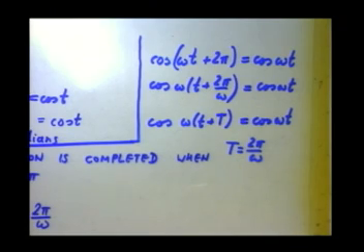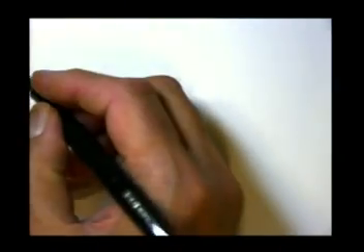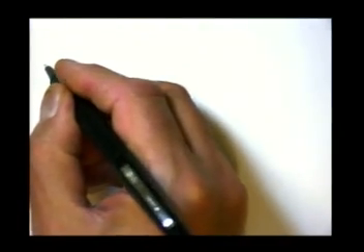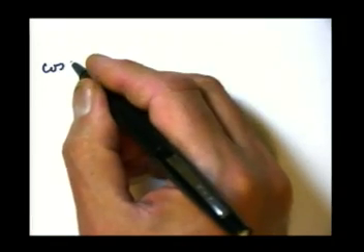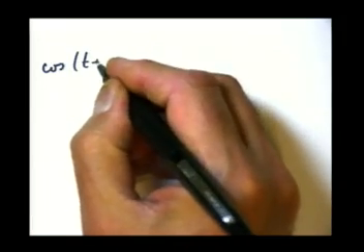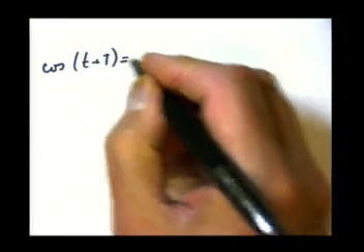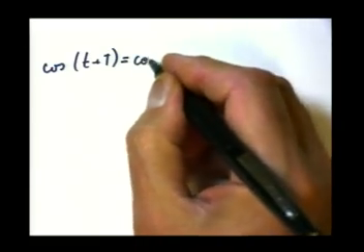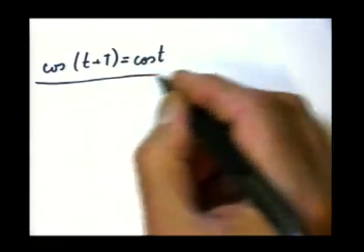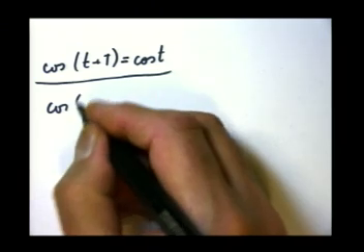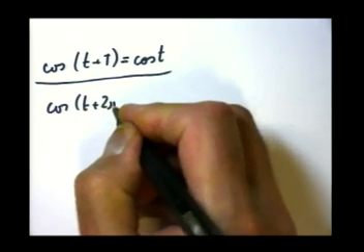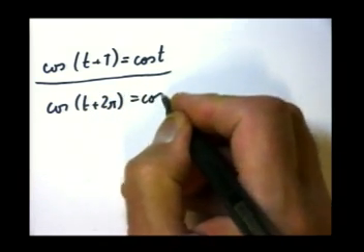The student is asking whether I got this from trigonometric identities, and I answered yes. For example, let us take cosine of t plus capital T equals cosine t. That is how we found the period. And I said cosine t plus 2 pi equals cosine t.